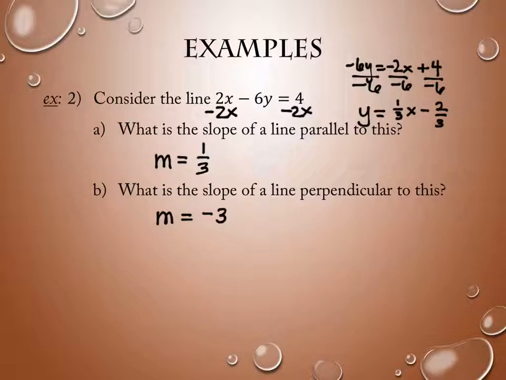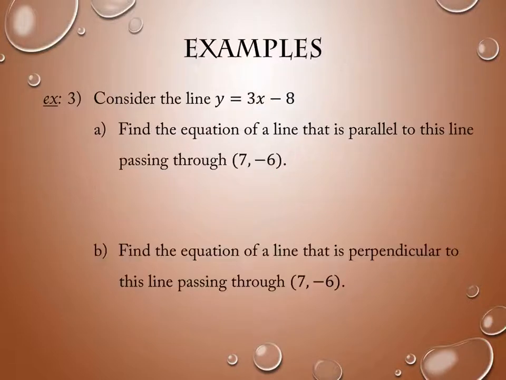Okay, so we've identified how to find the slope of the parallel or the perpendicular line. Next, we're actually going to find the parallel or the perpendicular line. So the line we're going to start with is y equals 3x minus 8. What is the slope in the line that we're beginning with? Don't everybody yell out at once. It's what?